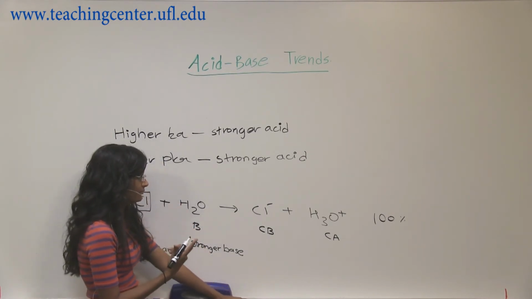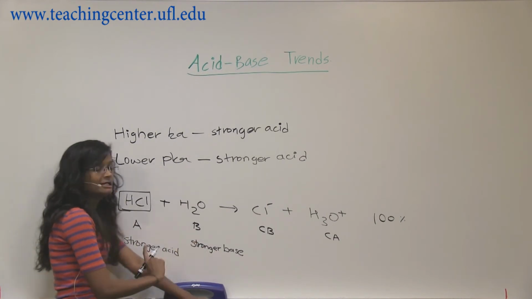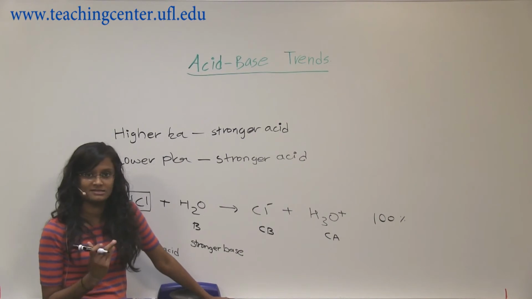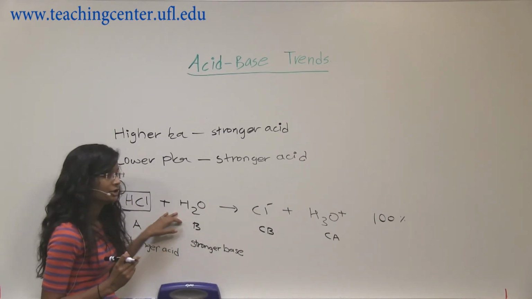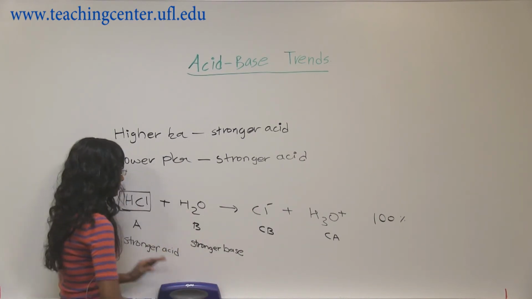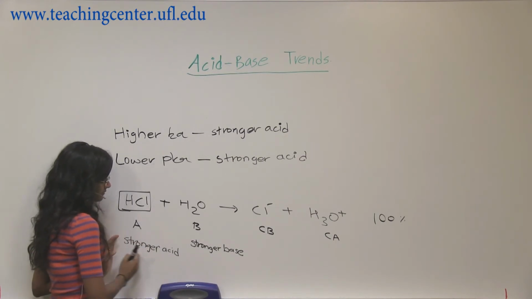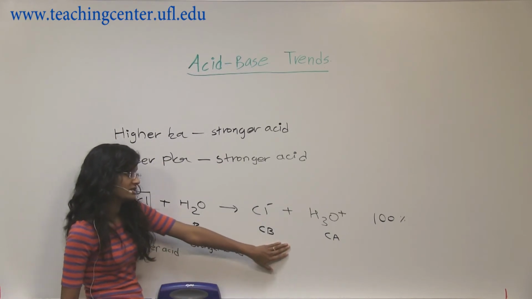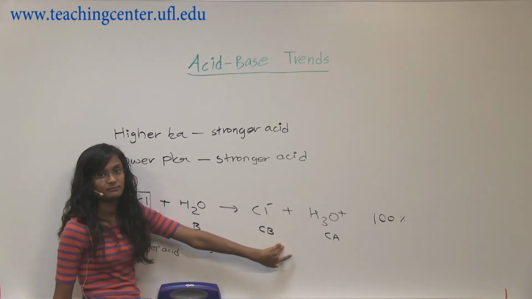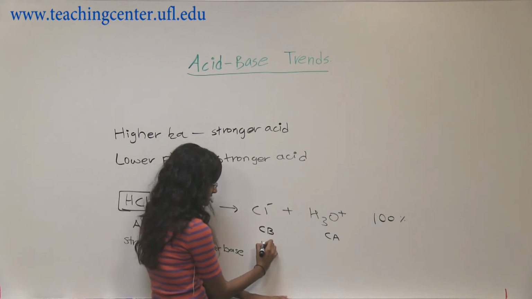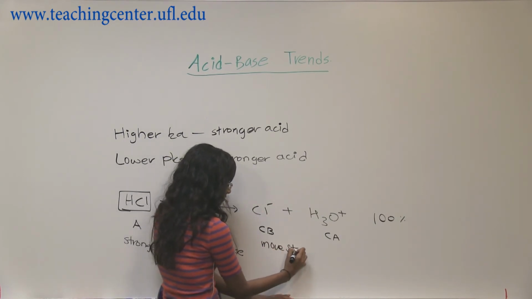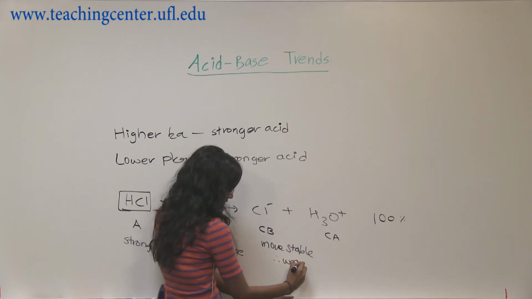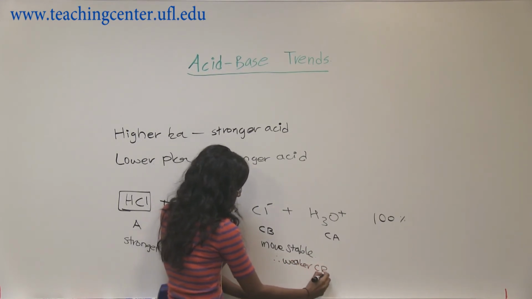Alright, so now that we found out the strength of the acids and bases for this equation, you can always keep this in mind. This is your acid. This acid reacts with this water because the conjugate base you're making is more stable. So this is a more stable conjugate base. That means it's a weaker conjugate base.